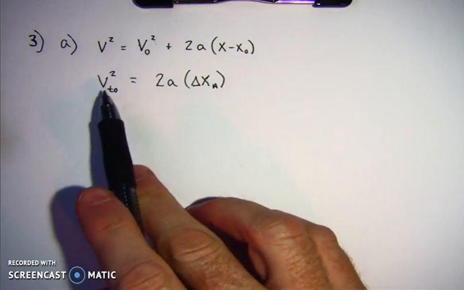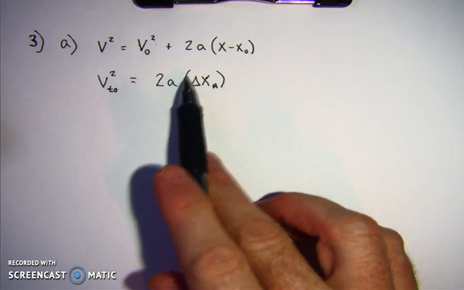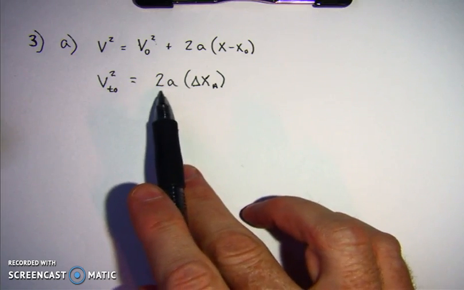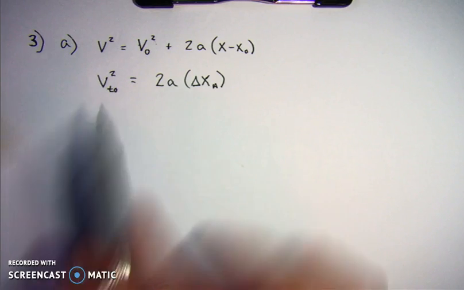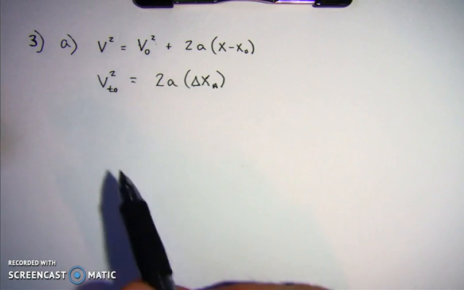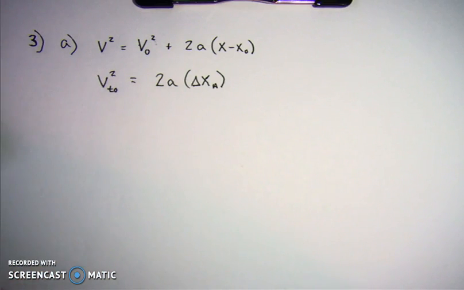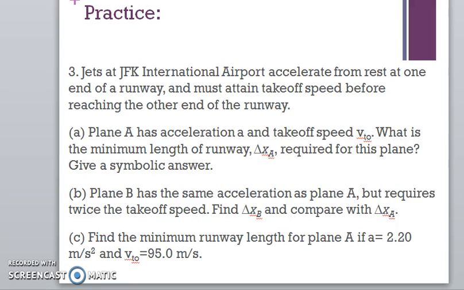So our velocity final, velocity at takeoff squared, equals 2 times the acceleration times the change in distance for plane A. So however far it went times the acceleration doubled will equal your velocity at takeoff squared. We want to solve this problem for the distance, if I'm not mistaken. Let's refer back real quick. And yes, what is the minimum length of runway, delta x A, required for this plane?